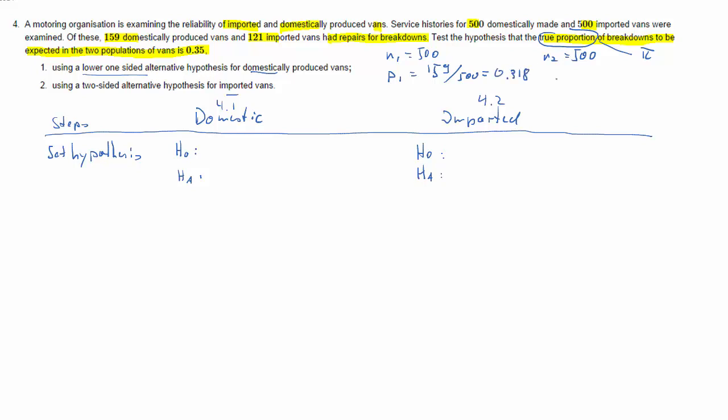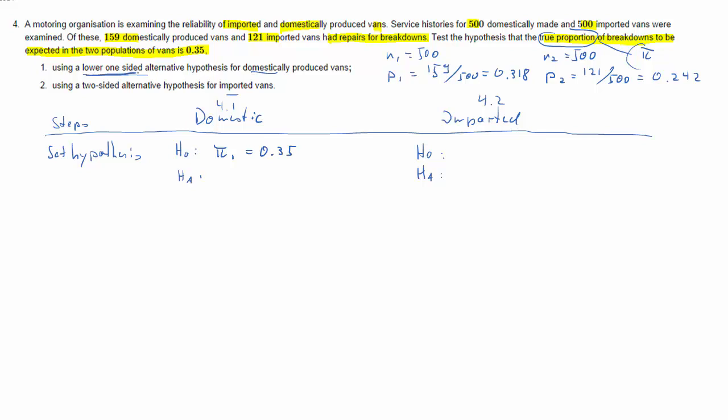So the proportion of faulty cars here is 31.8%. In the imported car sample, the proportion of cars with breakdown is 121 over 500. That's 24.2%.